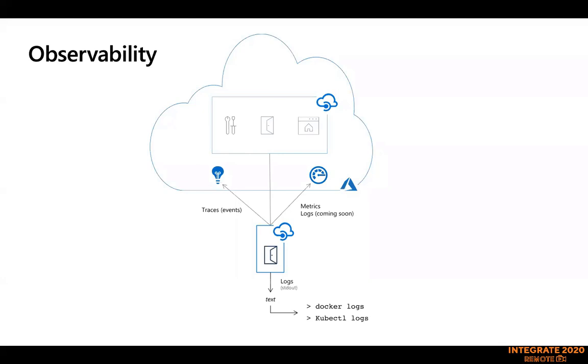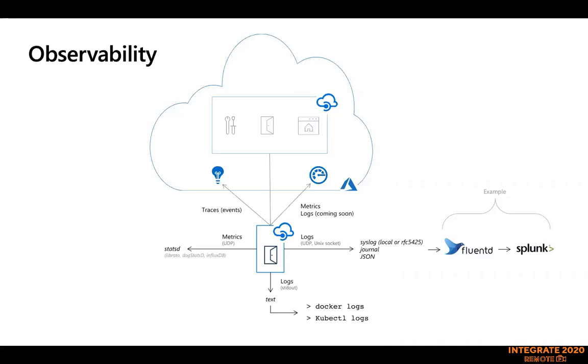First of all, we generate logs that go to standard out, and you can see them with a simple Docker or Kubernetes command. It also outputs logs using a bunch of different protocols and formats, which can be consumed through a vast ecosystem of compatible tools available out there, commercially and open source.